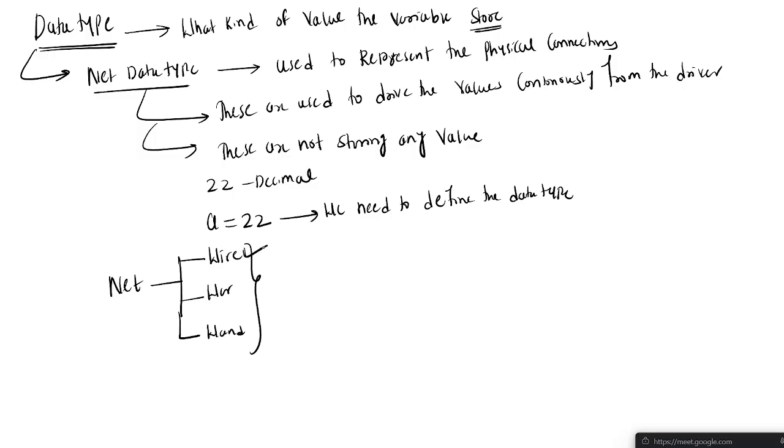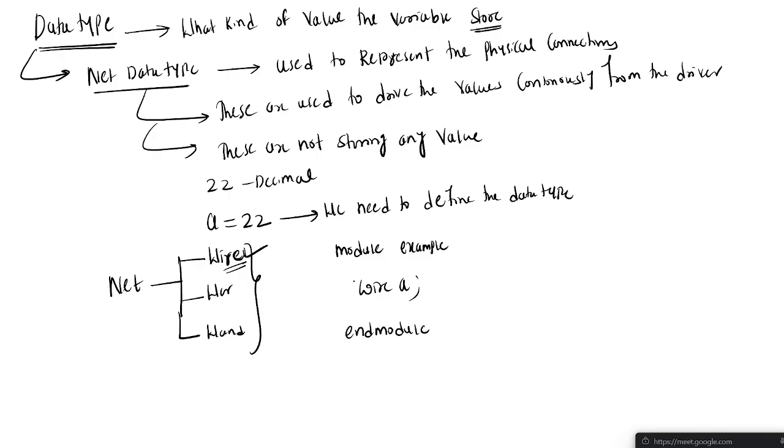Mostly in Verilog, we will use the wire data type. It will not store any value, it just carries the value. Suppose you are declaring: module example, wire a, end module.